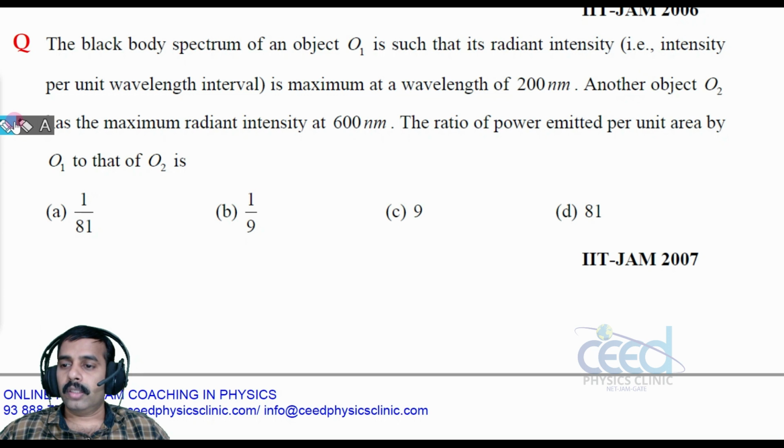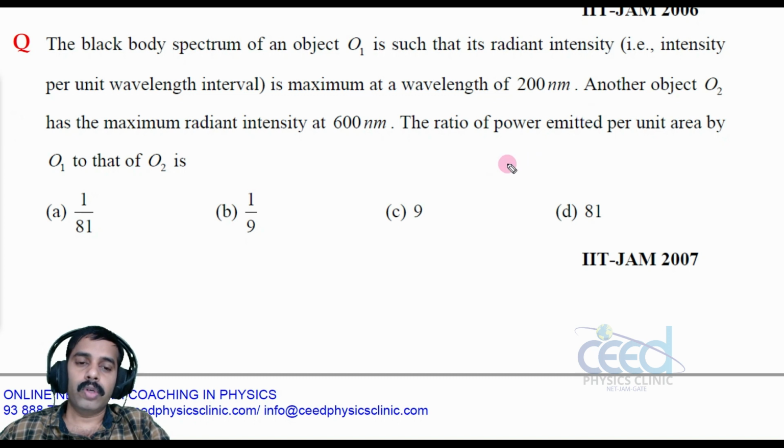So here to do this problem we can use two laws. From Stefan's law we already know this intensity is proportional to T raised to 4, right? And also, if a black body radiates at a wavelength lambda at a temperature T, lambda T is equal to a constant.